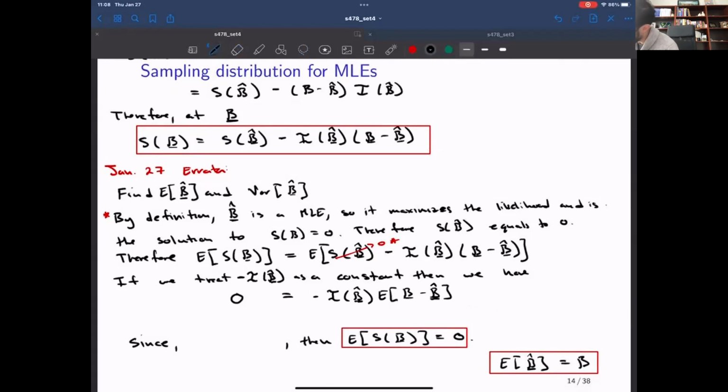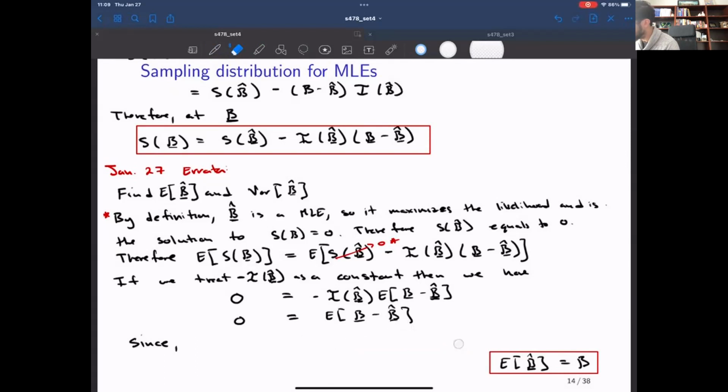Which means that 0, because the information function is being treated as a constant since it's evaluated at beta hat, is equal to the expected value of beta minus beta hat.